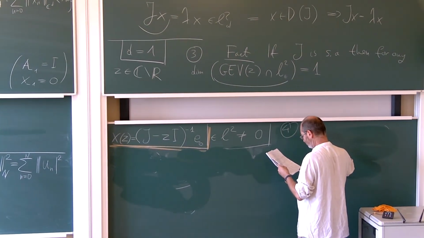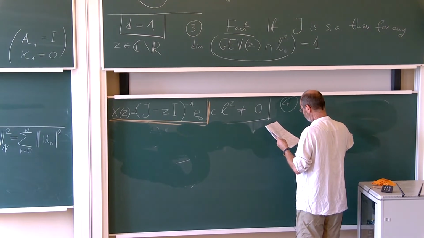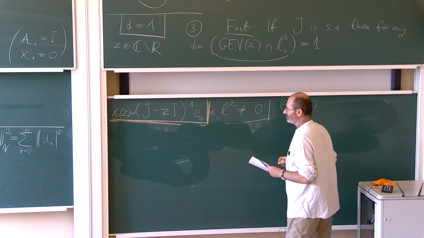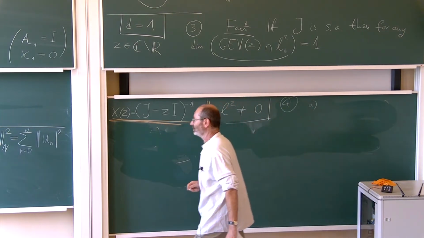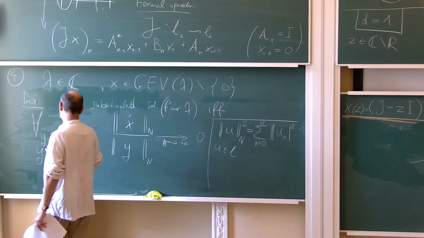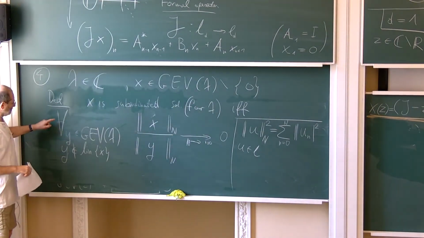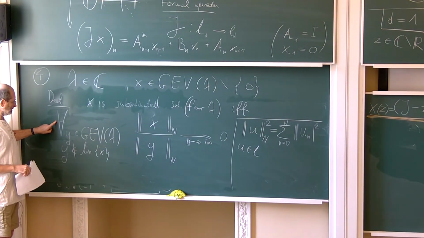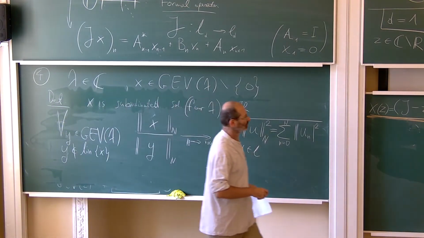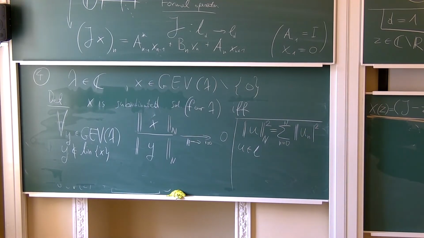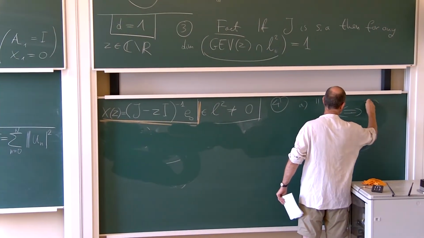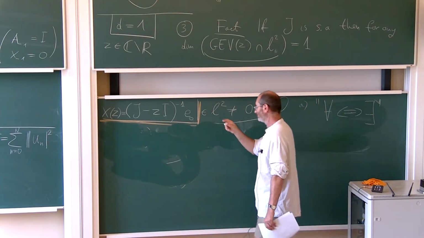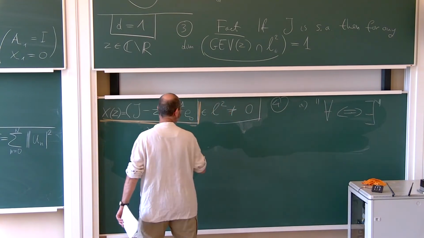So property A is such that in this definition, instead of any, we can put there exists. Okay, into the definition.